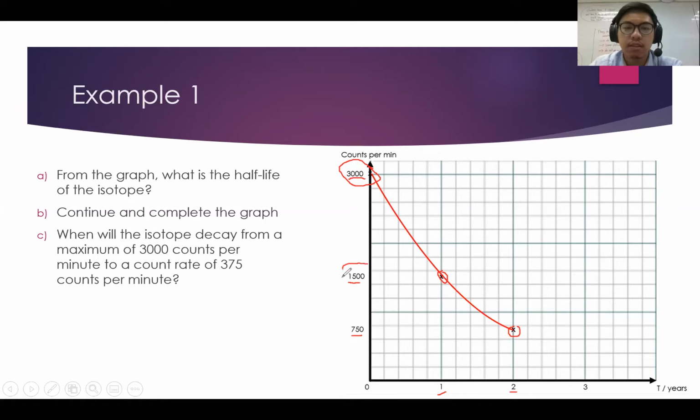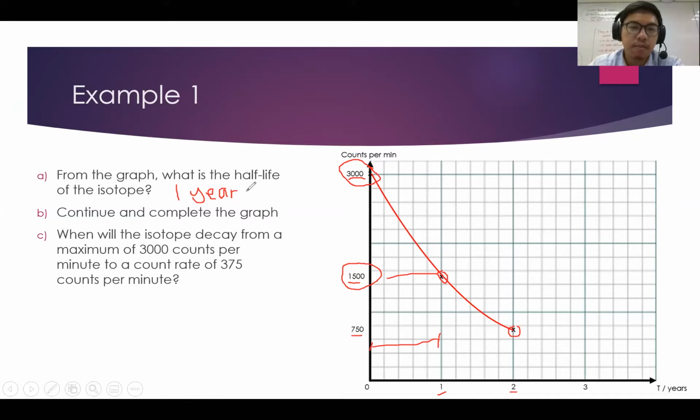Half of 3,000 is 1,500, and the time it takes to become half is this period here, from 3,000 to 1,500, and that is actually 1 year. So 1 year is the time it takes for the radioactive isotope to become half, and therefore the half-life of the radioactive isotope is 1 year.